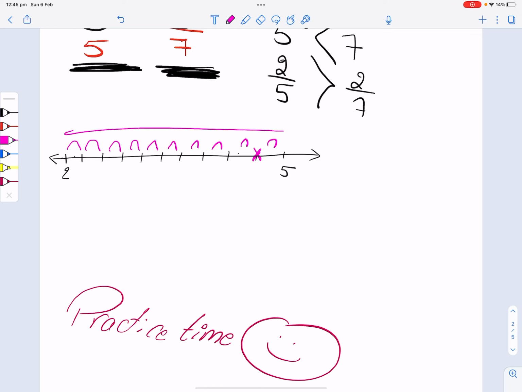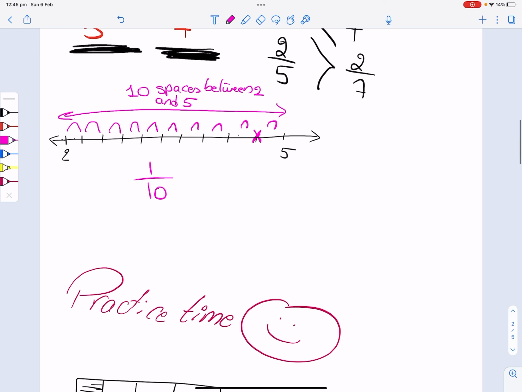So this is 10 spaces between 2 and 5. What does that mean? This means that each notch represents 1 over 10.